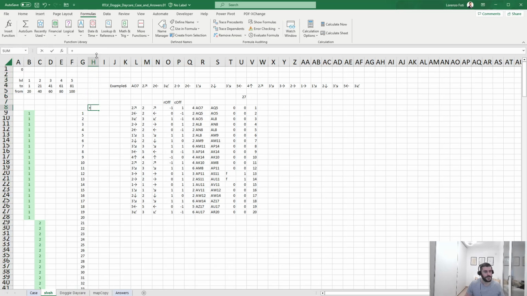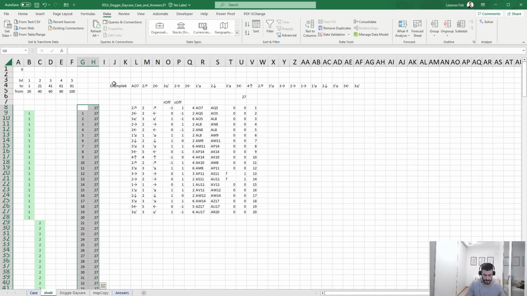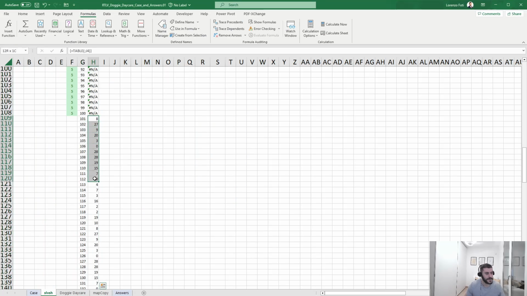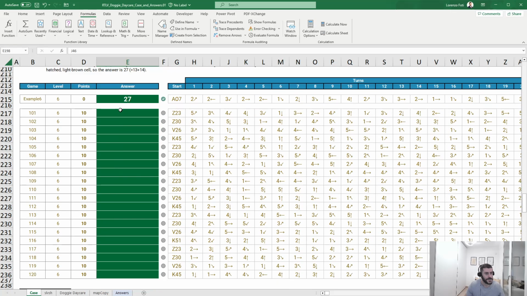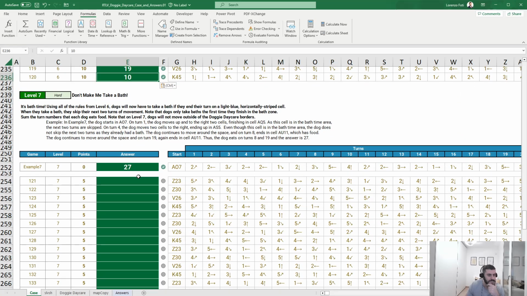And I need to reference this. So let's build the data table again. Update. And I think it's 101 to 120, because there are 20 levels in all, and that's okay.